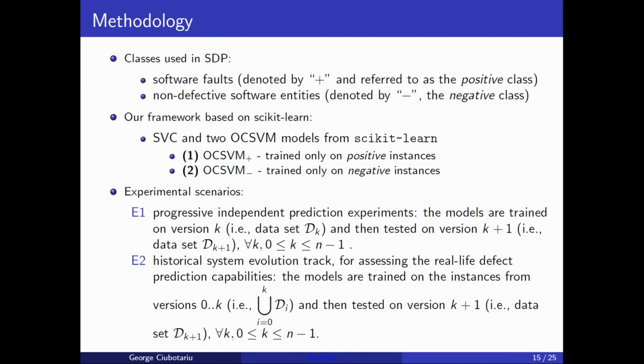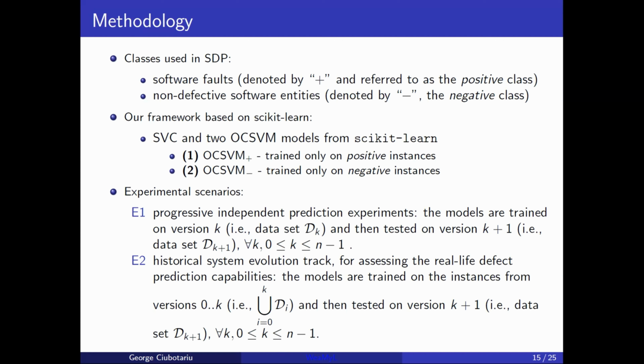So again, for software faults or defects, we are going to use the plus notation, and for non-defective instances, we're going to use the minus. This is because we're going to use the one class SVM plus and minus notations in the next slides. And also, we have the experiments that we are going to talk about.